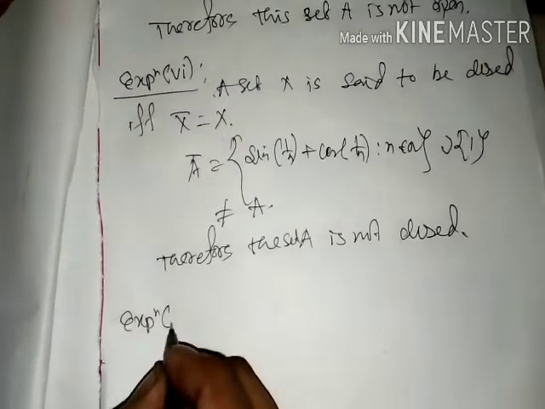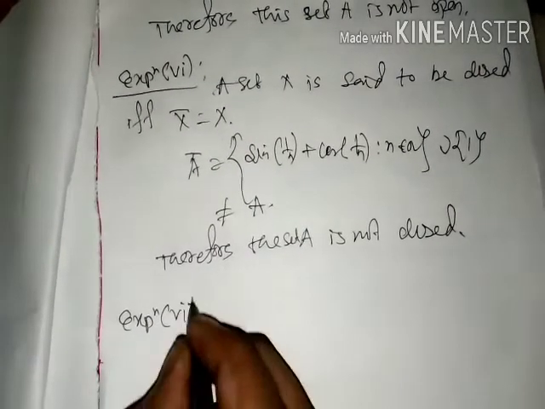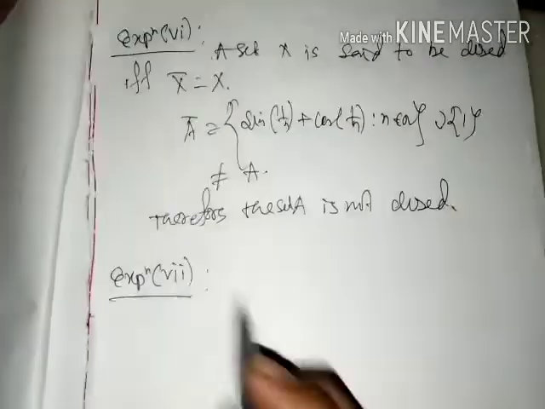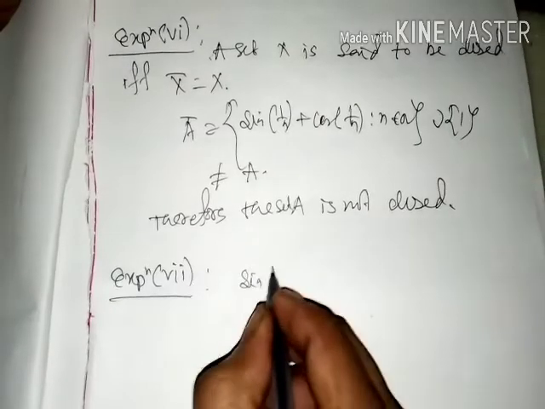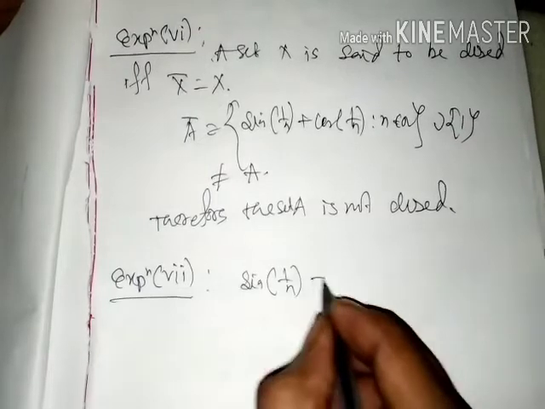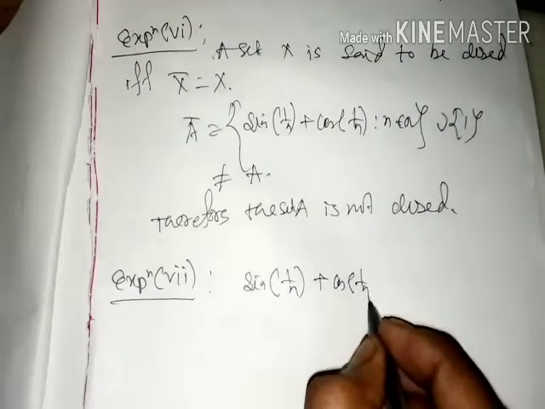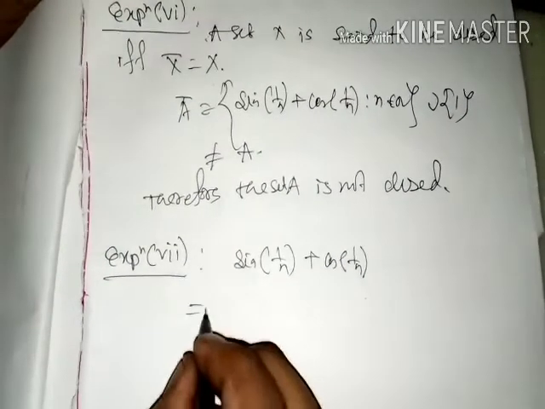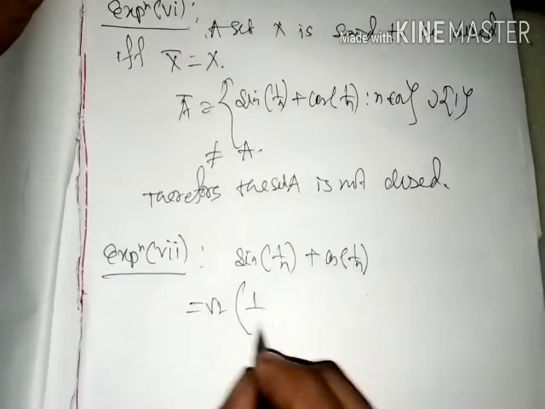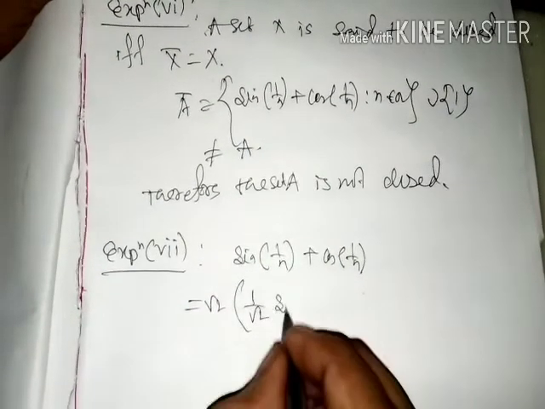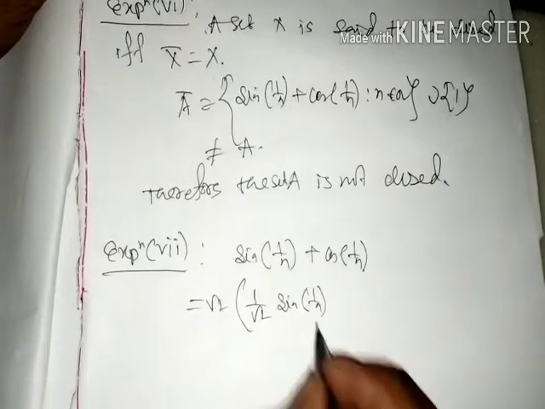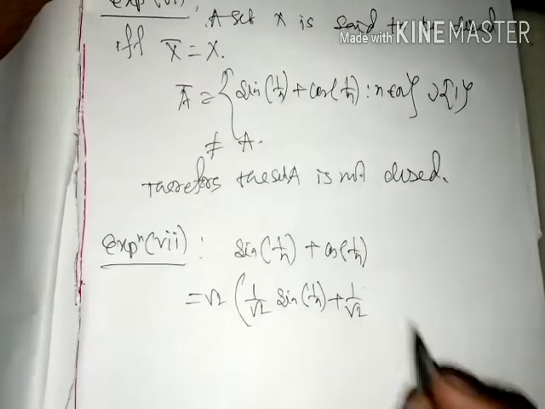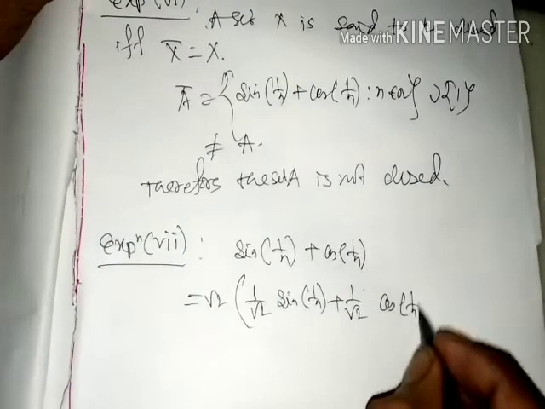Given sin(1/n) + cos(1/n), we write it as root 2 times [(1/root 2) sin(1/n) + (1/root 2) cos(1/n)].